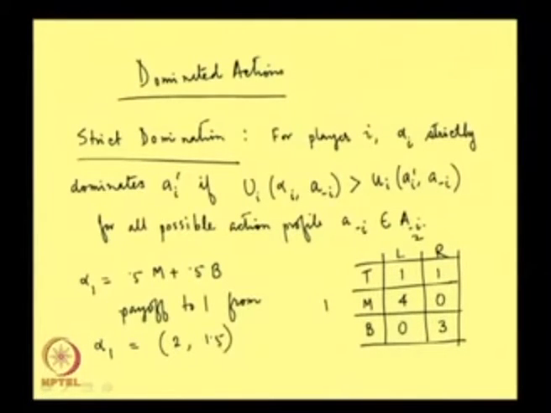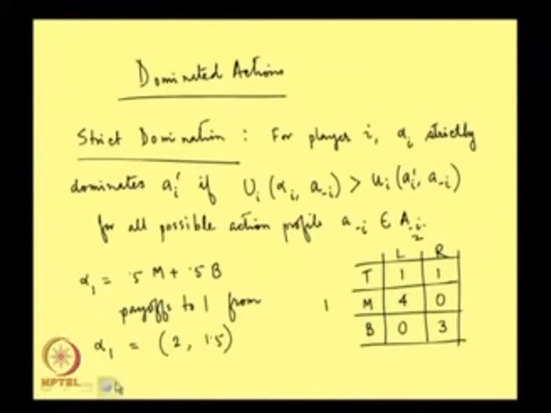Let us go through the payoffs, because 2 can take either action L or action R. If he takes the action L, player 1 will get 2. If he takes the action R, player 1 will get 1.5. And we can see that no matter what player 2 plays, the payoff to player 1 is higher. 2 is greater than 1, 1.5 is greater than 1.